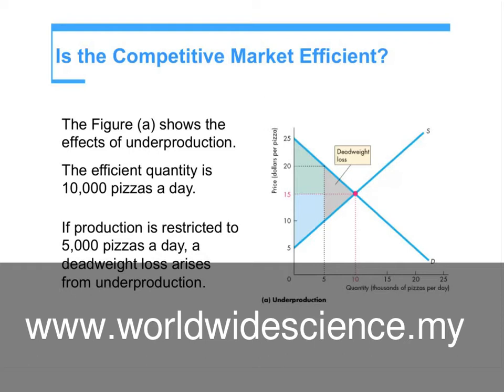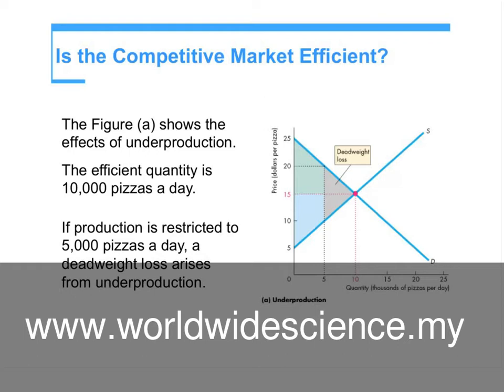So we will lose production and, at the same time, the use or consumption from the customers. In an efficient market we wouldn't have a deadweight loss, but in actuality, we sometimes do have a deadweight loss.